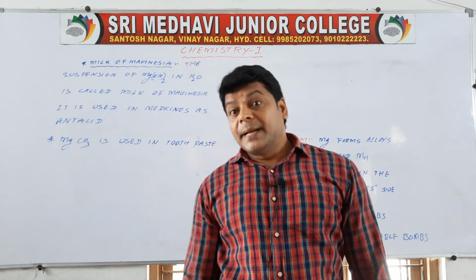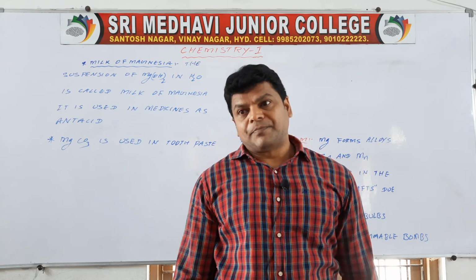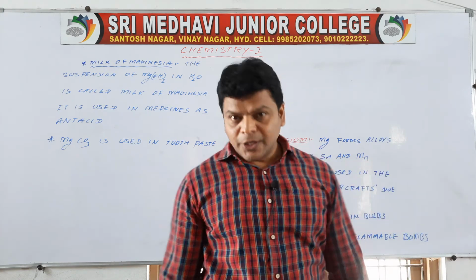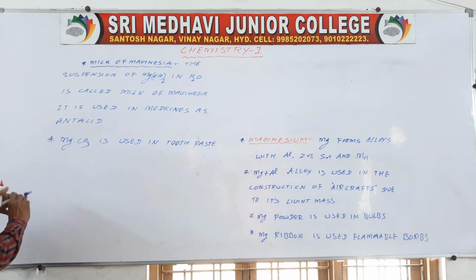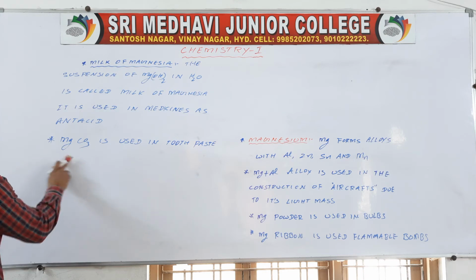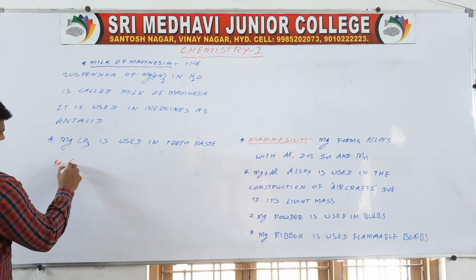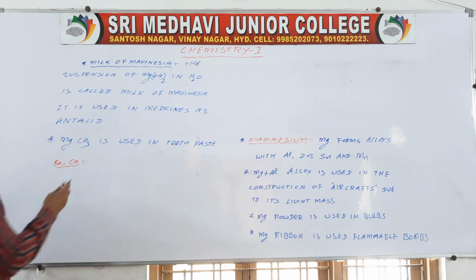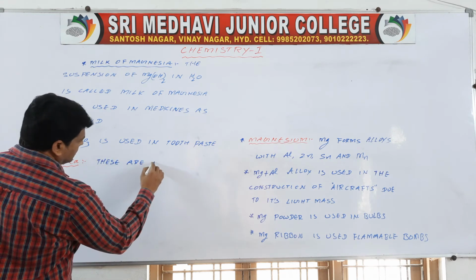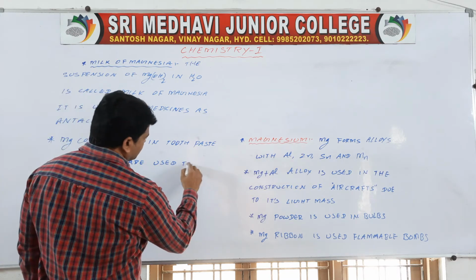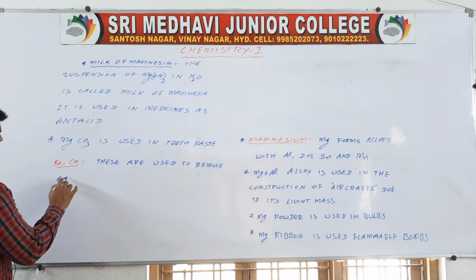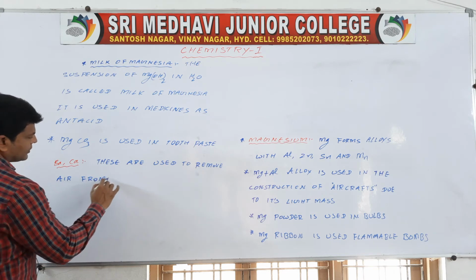Next, barium and calcium are used as reducing agents and are used to remove air from vacuum tubes.